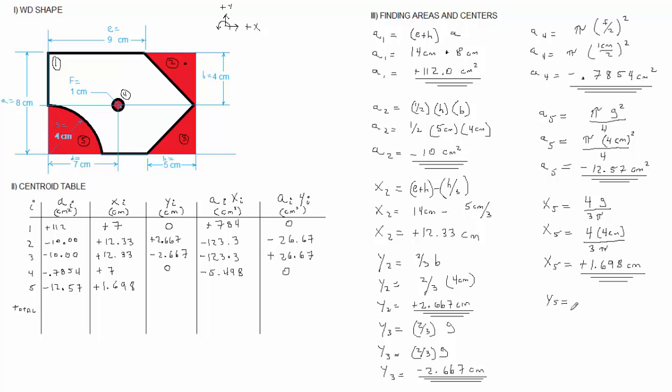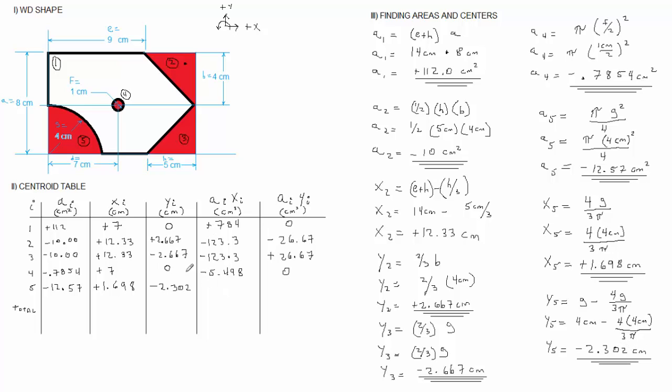Now for the y distance, once again, it's 4r over 3 pi, but it's 4r over 3 pi away from that side with the right angle. So that means to find that distance, we have to take 4 centimeters and then subtract off 4r over 3 pi. So that's g minus 4g divided by 3 pi. And since that's below the x-axis, that is going to give us a negative 2.302 centimeters.